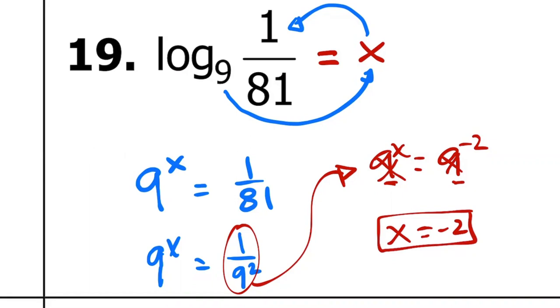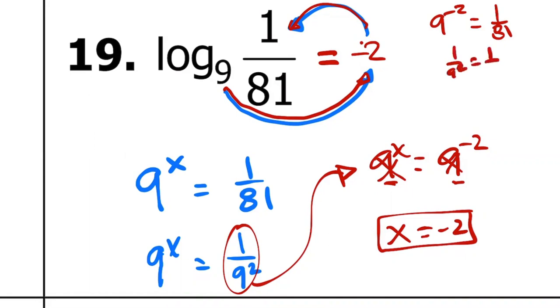Which makes sense because if I put negative 2 here, that's saying 9 to the negative 2 equals 1/81. Which is true because negative 2 means I reciprocal it, which would make it 1/9 squared, which is 1/81, which is true.